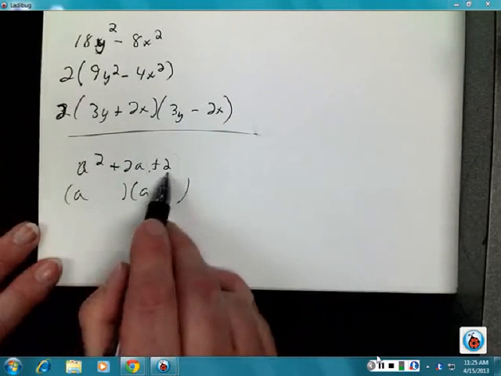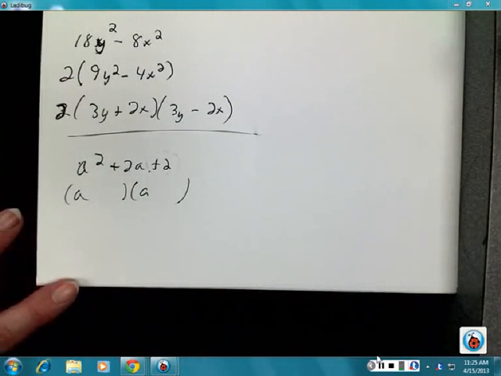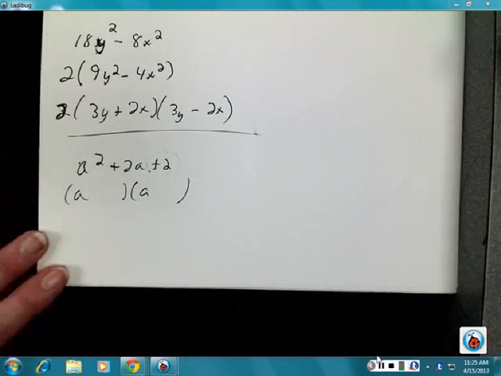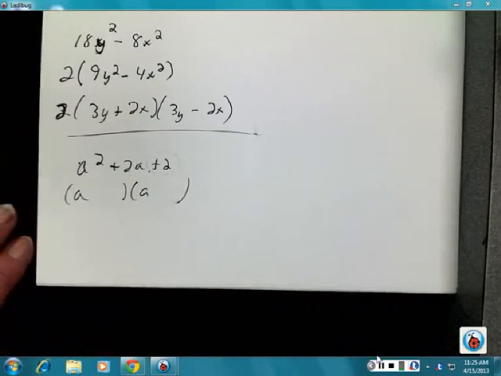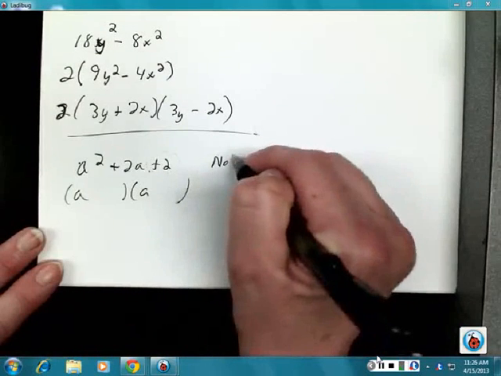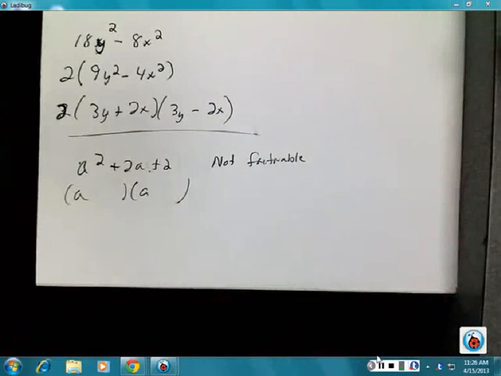And what are factors of 2 that are going to add to 2 in the middle? 1 plus 1 is 2, but 1 times 1 is not 2. So this is not factorable. I cannot do that one at all.